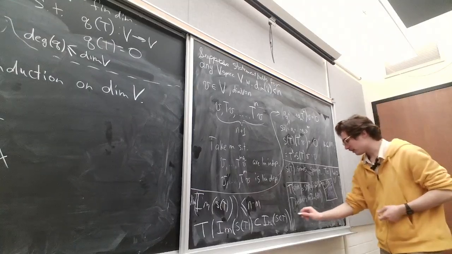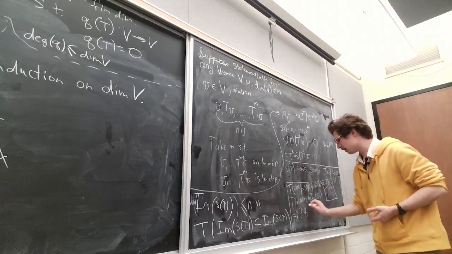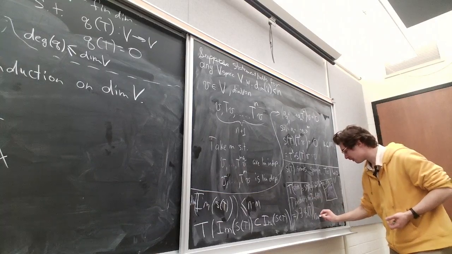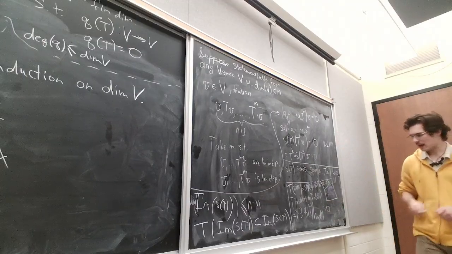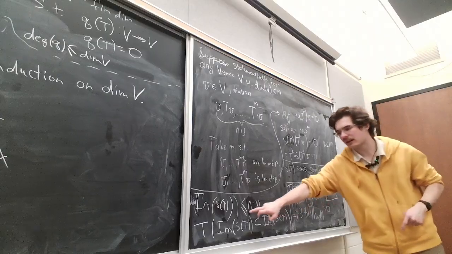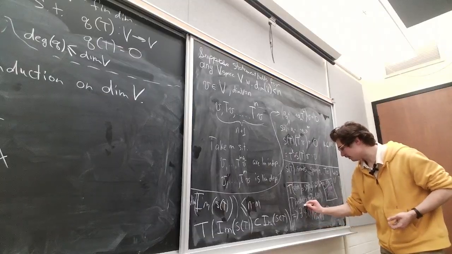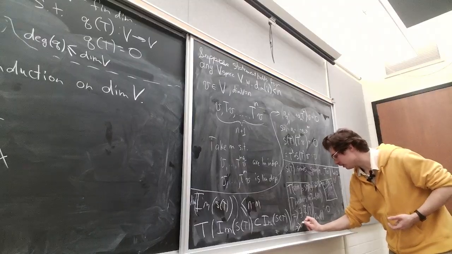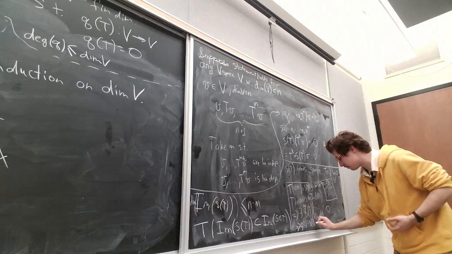Therefore there exists a Q of T such that Q of T restricted to the image of S of T is 0, by induction. And I also know that the degree of Q of T has to be less than n minus m. Do you agree? So maybe I'll define this as Q twiddle. And then I define Q of T to be S of T times Q twiddle of T.